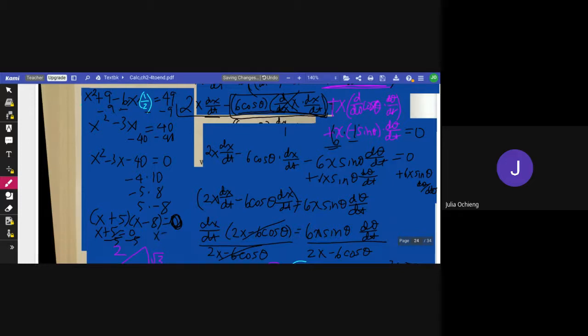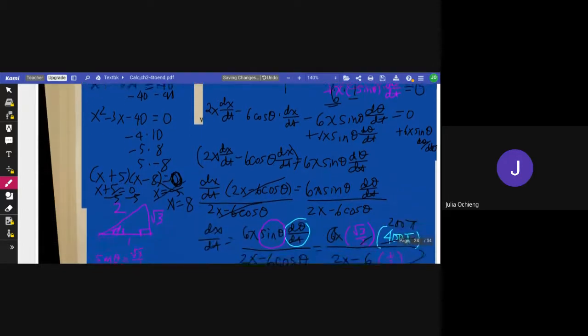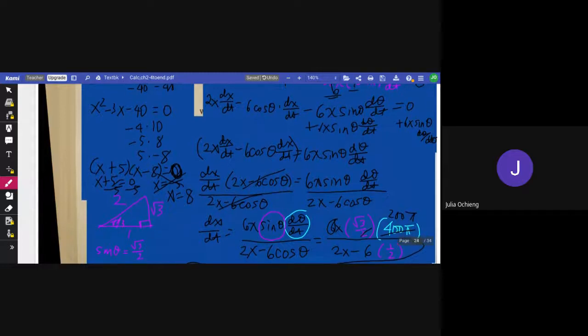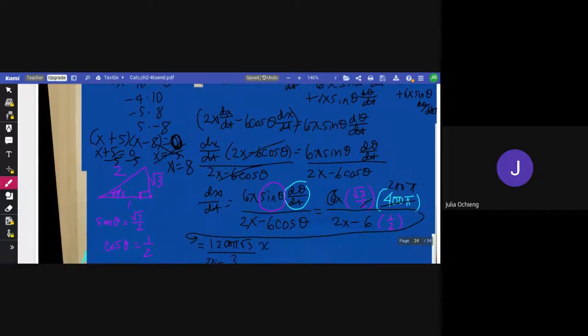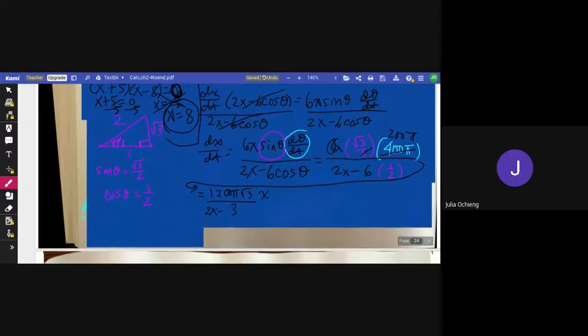So x equals negative 5. Same thing for that one. So x equals 8. We're going to take out the negative 5 because you can't have a negative side in a triangle. So the answer for x equals 8. So this is what I'm going to plug in to this x. So that's going to be 1200 pi root 3 times 8.